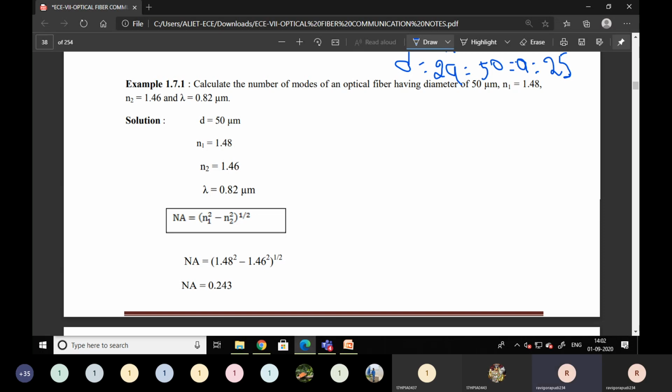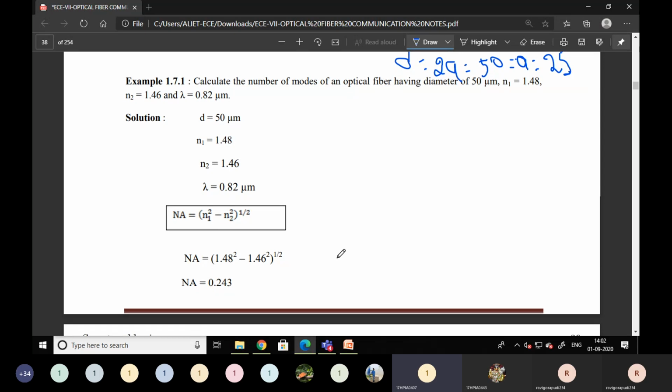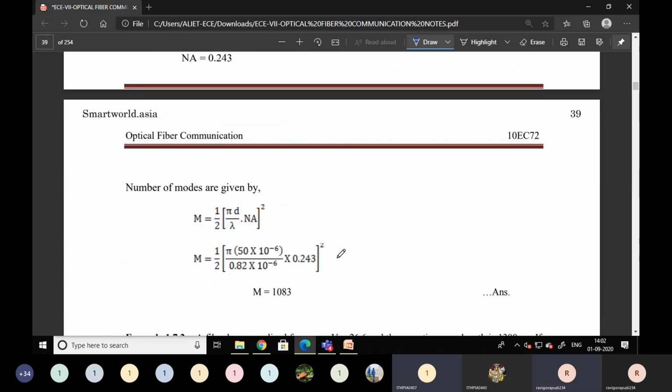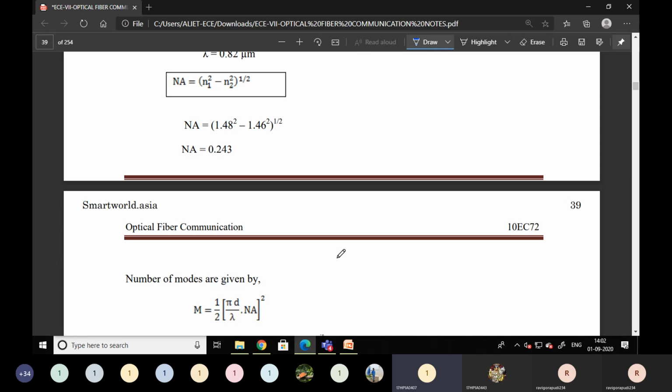Tell me what is the V value? V equal to square root of 2M, sir.